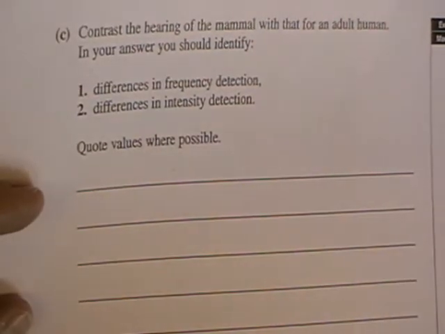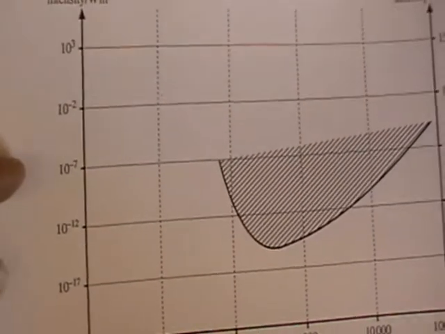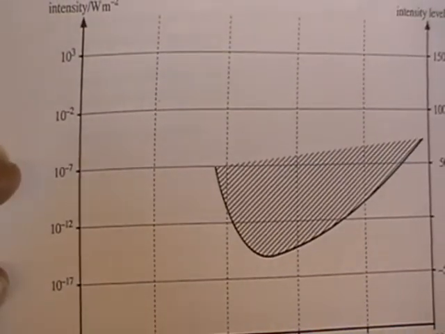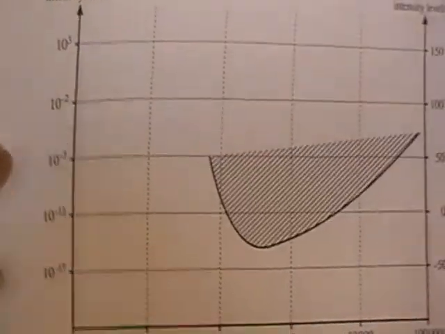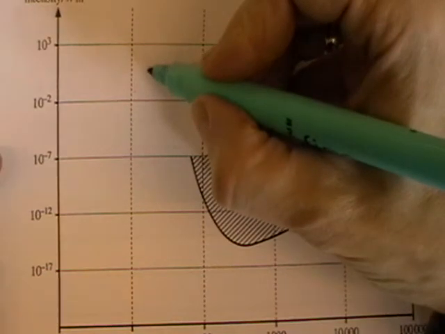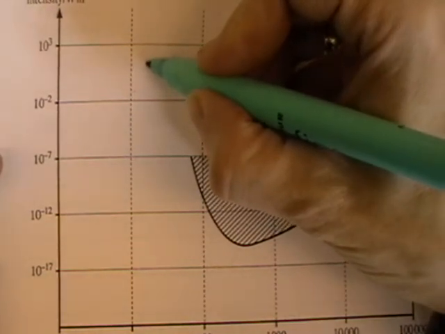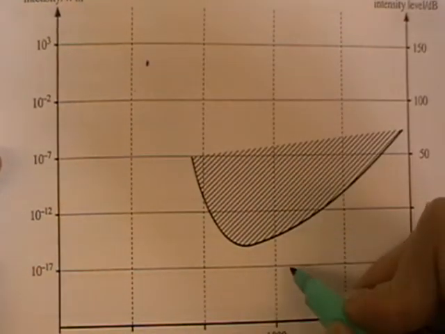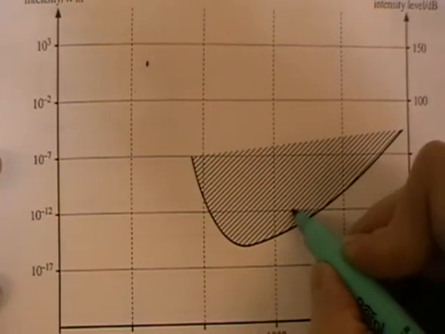So we'll have a wee look here and think about what a human's would look like, and possibly maybe we'll just draw the human one as well. So the human one would go from 10 to the 2. We can hear from 20 hertz, which is about there. Our minimum happens at about 2000 hertz, and it's 10 to the minus 12, which is about there.